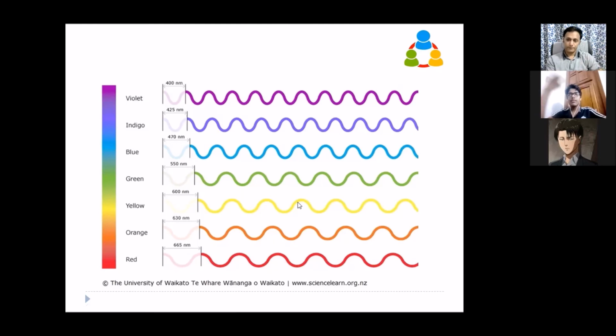Now, does the frequency affect visibility? Which one, the one with high frequency or low frequency, will travel further? The higher wavelength, more wavelength will travel more distance, because it can cover bumpy stuff, because it has length.